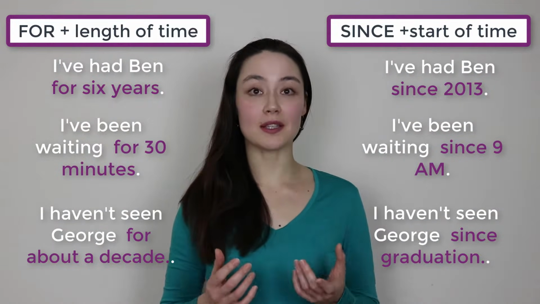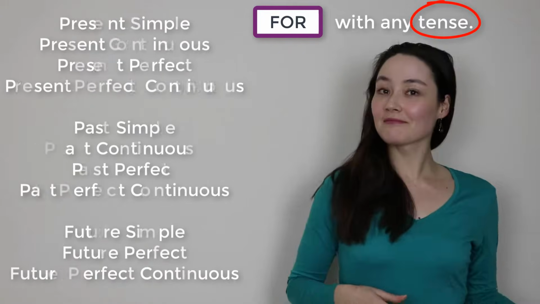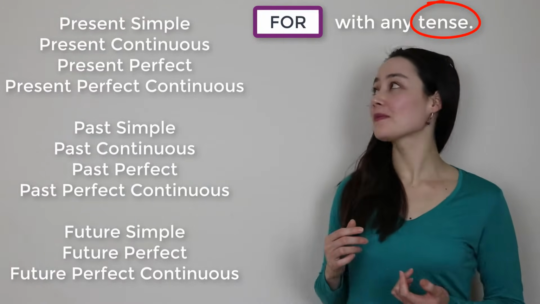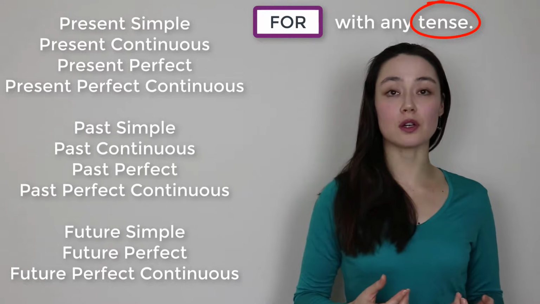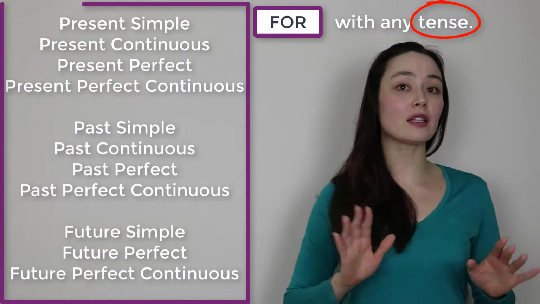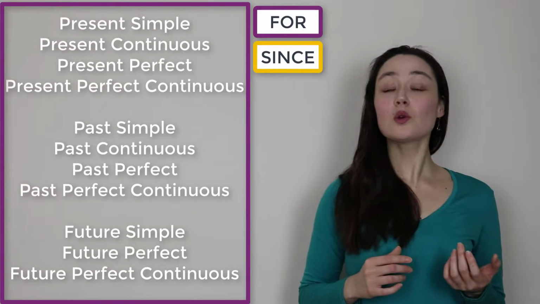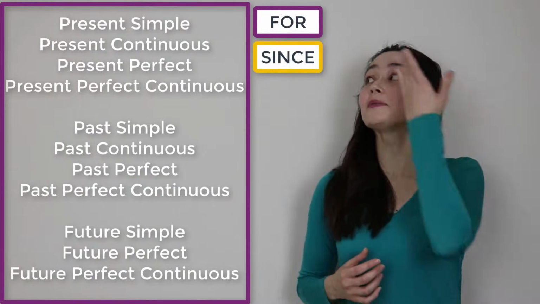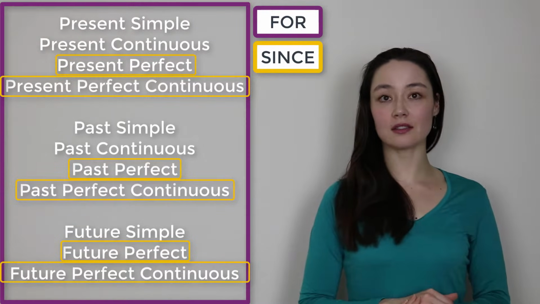Let's get specific. We can use for with any tense. What's a tense? These are tenses. Present simple, present continuous, present perfect, etc. You can use for with any tense. What about since? We use since with perfect tenses.